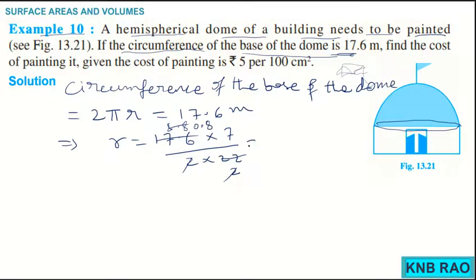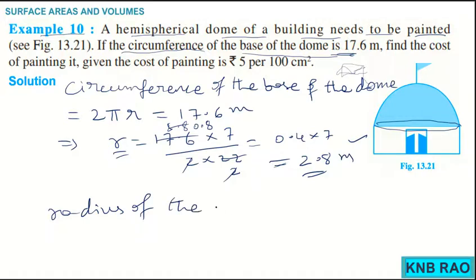In fact, the r value will be 0.4 into 7. So, 2.8 meter will be the r value. You know how to simplify, you just simplify that, you will get the radius of the dome. So, once you get the radius of the dome, 2.8 meter, now find the cost of painting it.